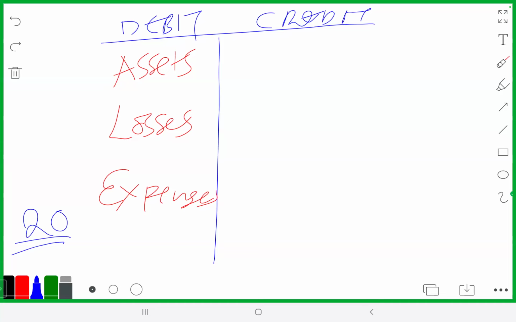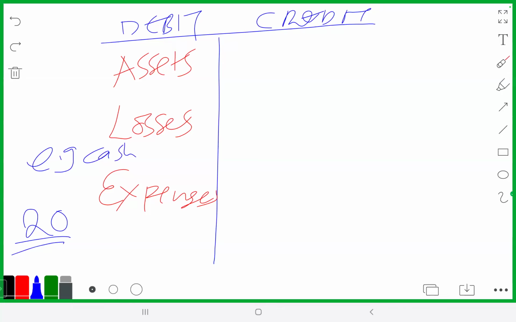Is that clear? But if it were an overcast, get this point. If it were an overcast, you could have recorded on the opposite side. You didn't get this one. I repeat. Let's pick an example of a cash account, which is an asset account, right?